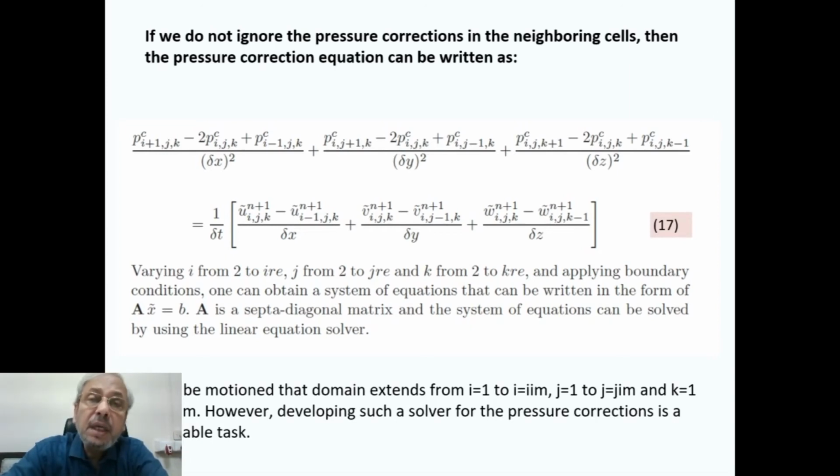That is why the first option that we discussed, that explicit form of pressure correction equation, although we are ignoring neighboring points, is used, and that is why you need to iterate the process of pressure correction and corresponding velocity correction.